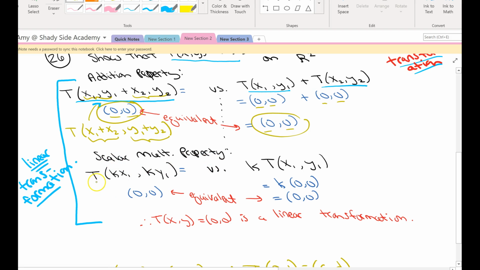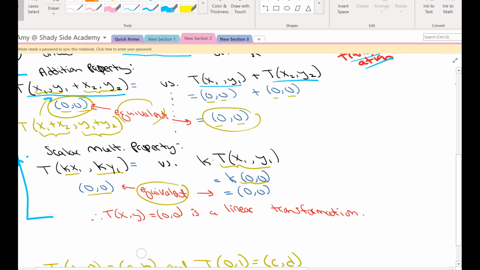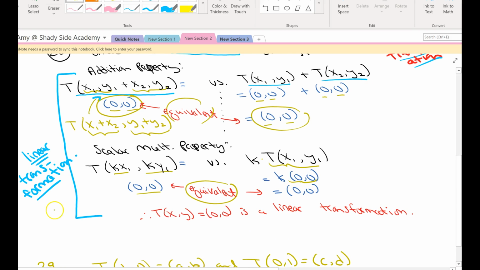If I'm looking at the transformation applied to k times u, and you'll see I distributed the k here to the two components, according to the rule, the transformation is 0, 0. K times the transformation applied to x1, y1 becomes k times 0, 0, which equals 0, 0, and these are equivalent, okay? What I've shown here is that this transformation is a linear transformation.